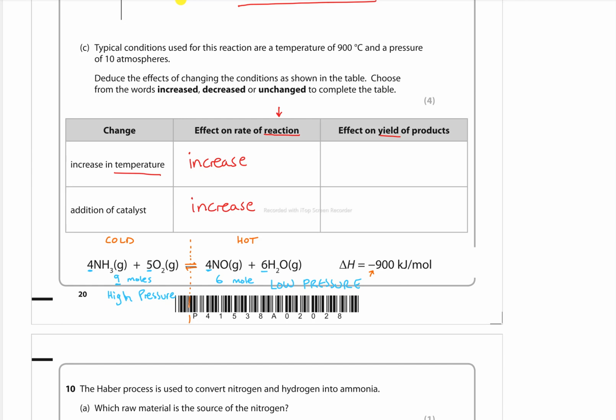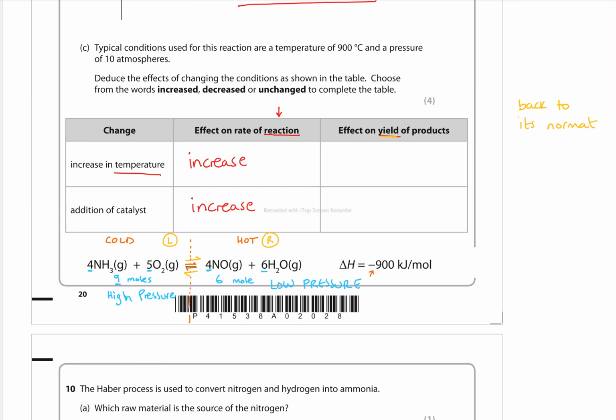Now the yield, that's this bit here. Which way is the reaction going to shift? Is it going to shift to the left or to the right? We don't know yet, so we'll have a look. So if you increase the temperature, the system wants to go back to its normal state.